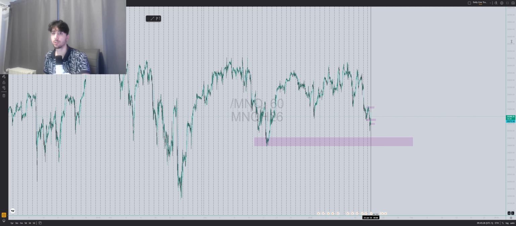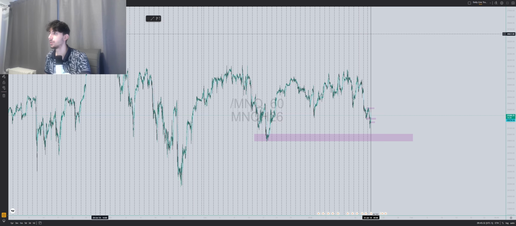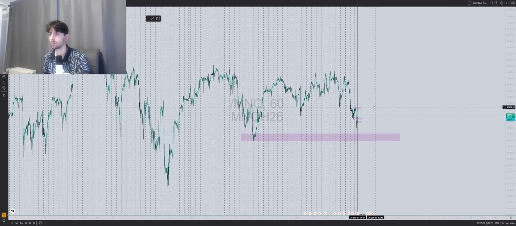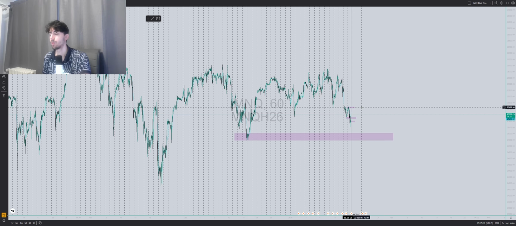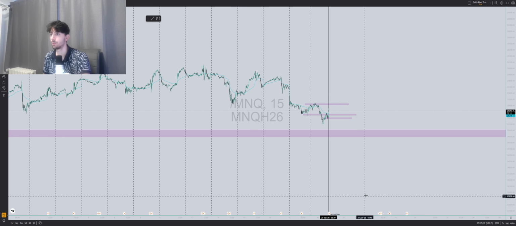So we are kind of between these two highs, because between this high and this low, just accumulating till we get some more momentum to the upside or maybe downside, but I would say rather upside.